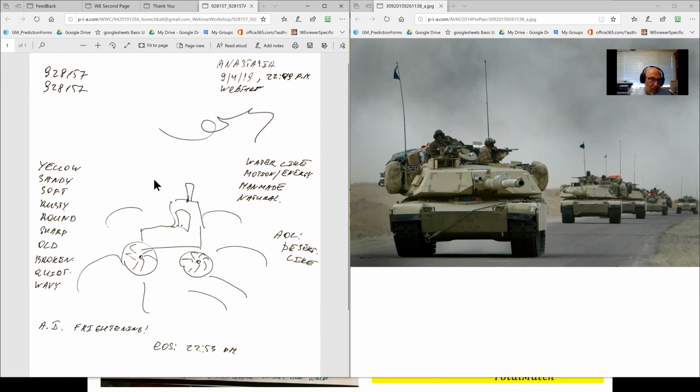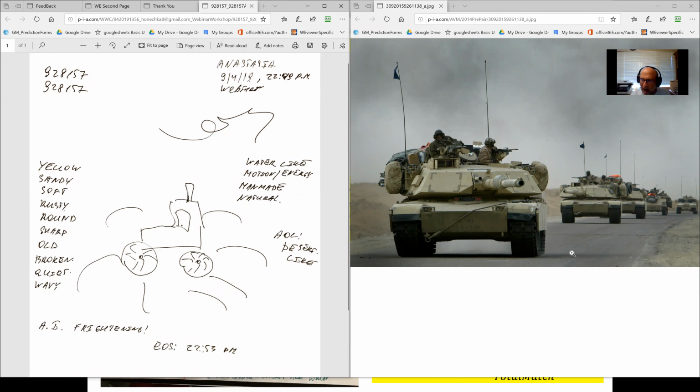This certainly has a sense of a big sort of tank. Man-made. There's natural here in the background. I don't see any yellow. I definitely see sandy. Soft, maybe the people would be considered soft. This is another case where you'd love to see how she judged it. Rusty, not clear.